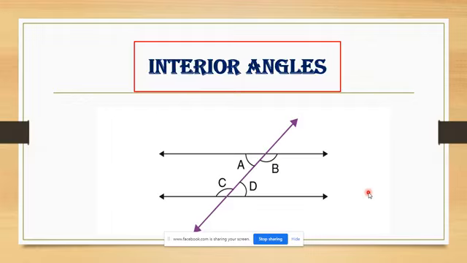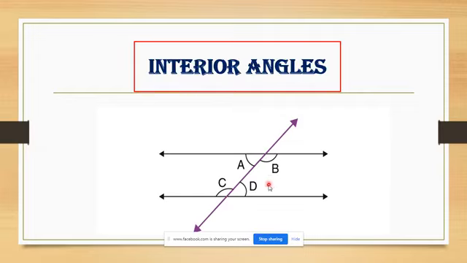Now, as we have seen, the measurements of corresponding angles are the same in the given pair, okay, one pair. Alternate angles are also congruent. So, can we say angle B and D are congruent? No. Then what is the property of interior angles?